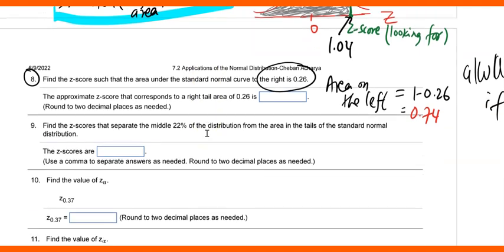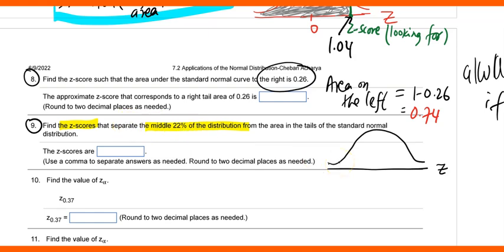Okay, alright, question number 9. Find z-scores. There are 2 scores here because z-scores is plural. There are 2 scores that separate the middle 22% of the distribution from the area in the tail of the standard normal distribution. Okay, here's the thing. This is the standard normal distribution z, and that's the curve. It says find z-scores, that means scores which separate the middle 22%.